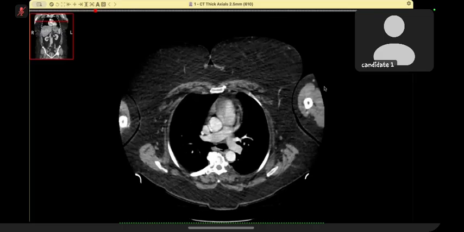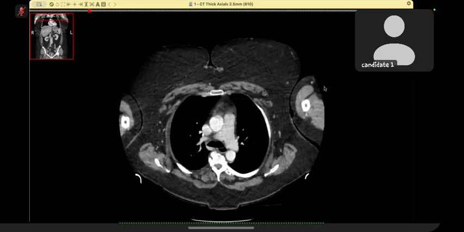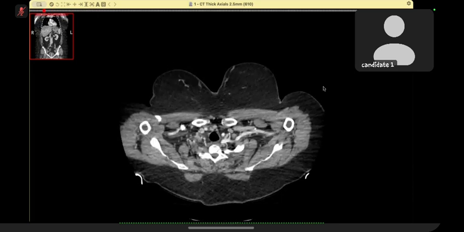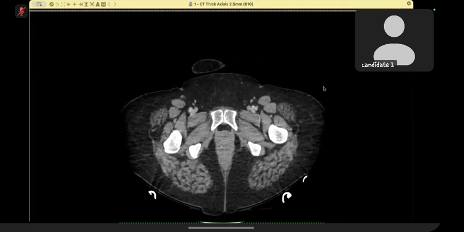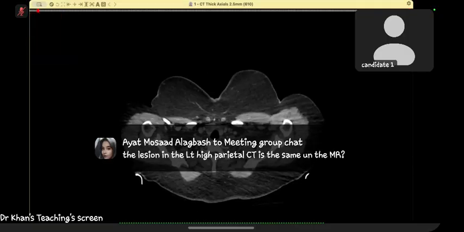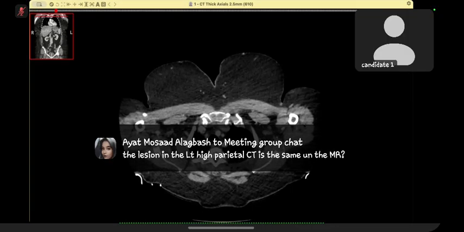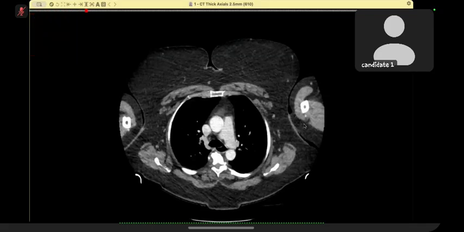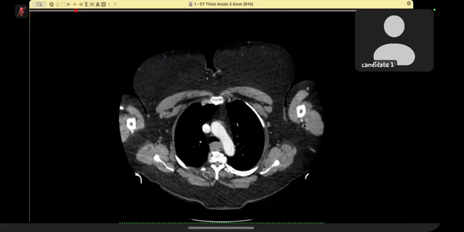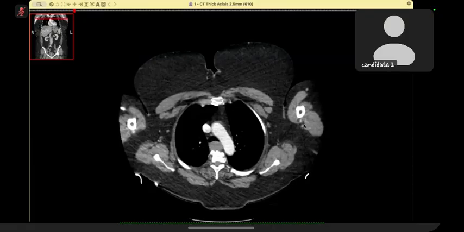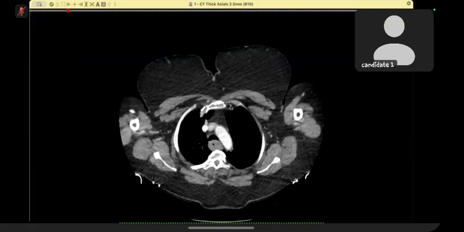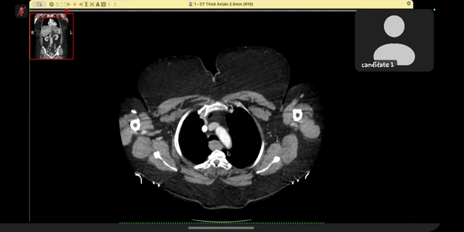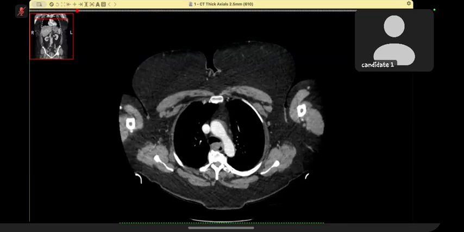Sure, sir. This is a contrast-enhanced CT image of a 75-year-old female who is presenting with dysphagia. I'll just scroll through the sequences, and while scrolling from cranial to caudal, I can see a homogeneously enhancing soft tissue density mass lesion arising in the mid thoracic esophagus, causing near total luminal narrowing.